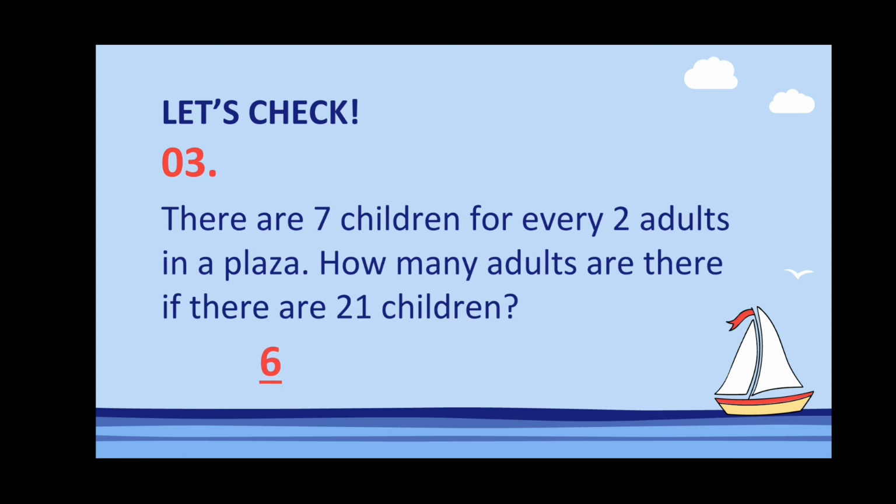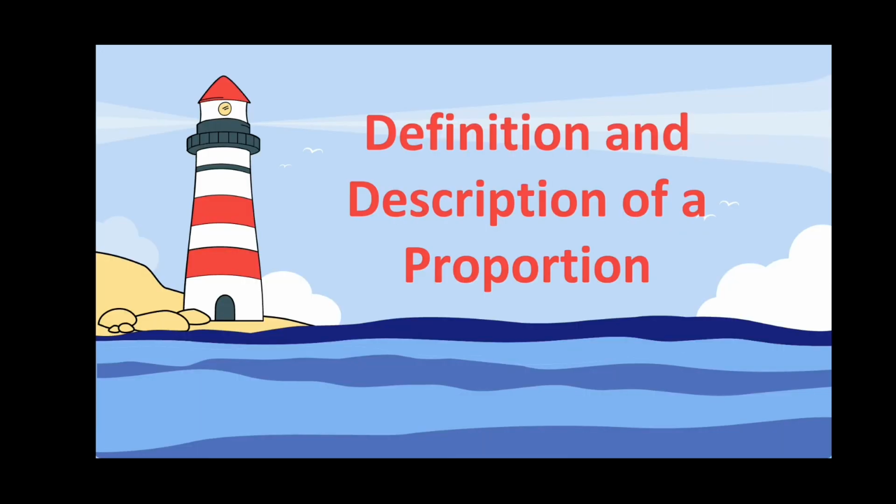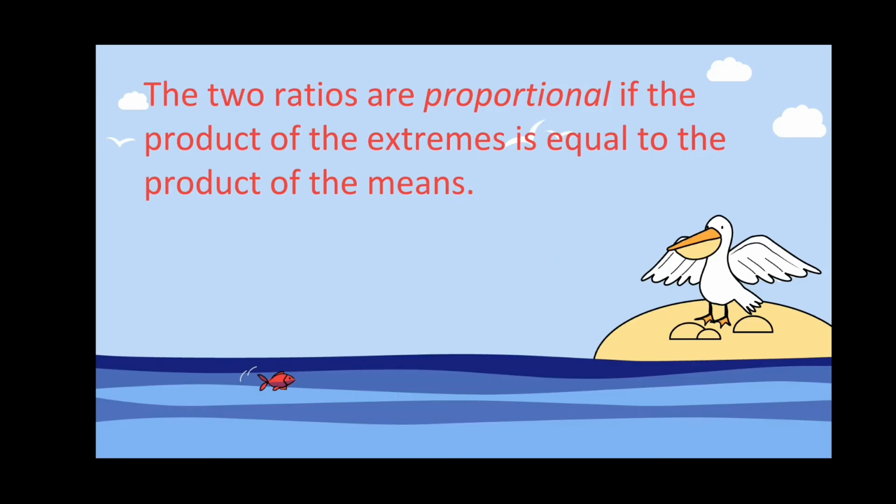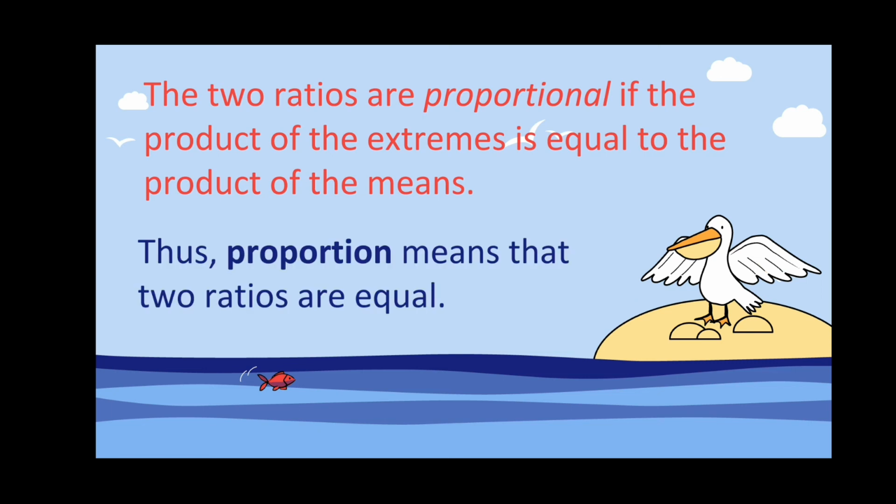Very good, kids. Now, let's proceed to our last topic, which is definition and description of a proportion. The two ratios are proportional if the product of the extremes is equal to the product of the means. Thus, proportion means that two ratios are equal.